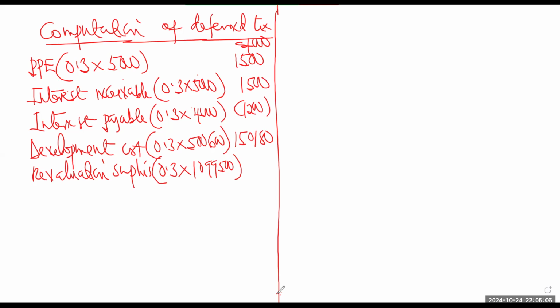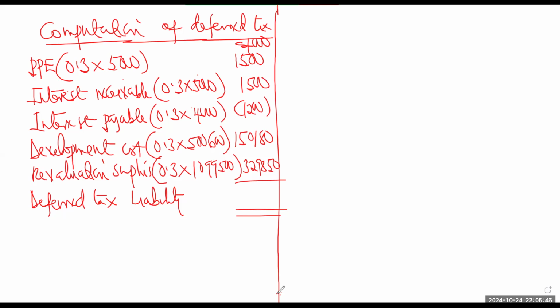How much are we having? 302,850. So what is our total deferred tax liability? 9,850 plus 150,180 plus 3,000 minus 1,200.